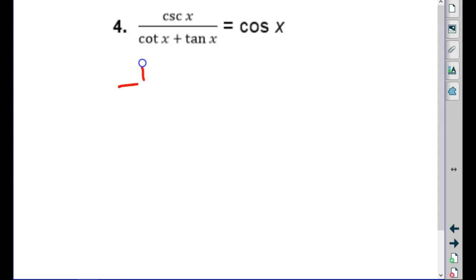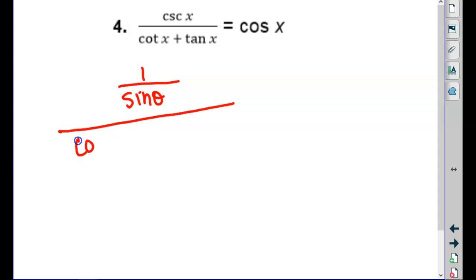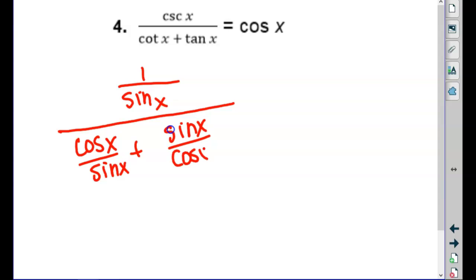Okay, cosecant is 1 over sine, which is being divided by cosine over sine. Okay, I already got thetas and x's going. And tangent is sine over cosine.